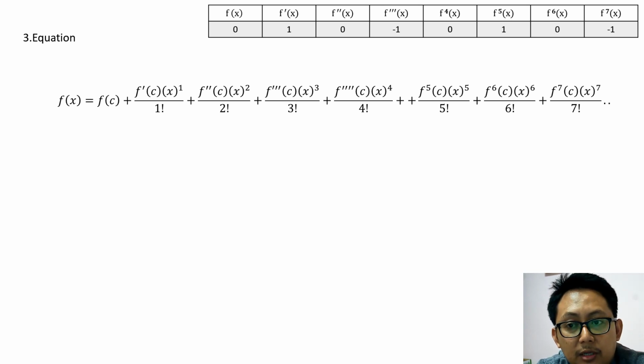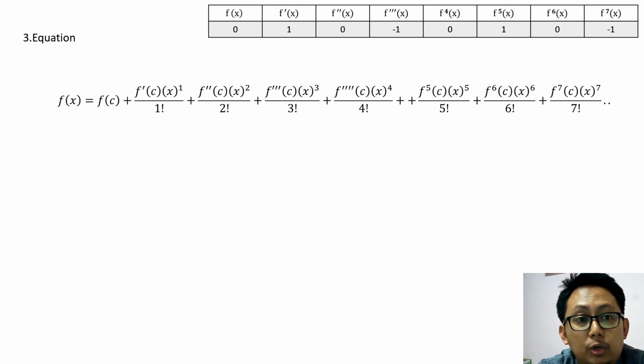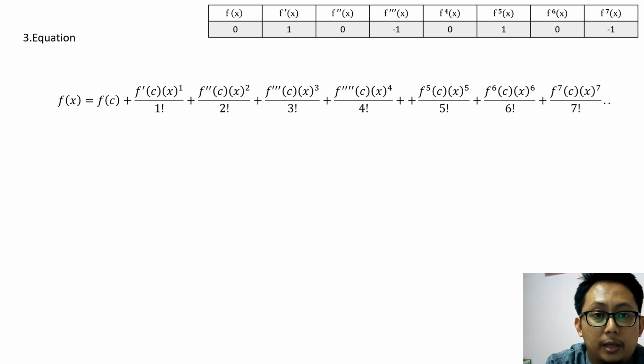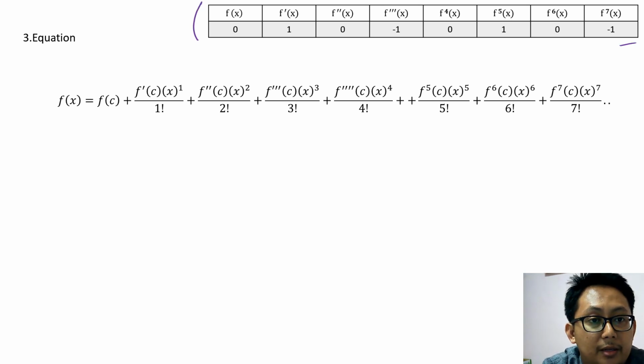After differentiation and putting in the values, now for the equation of the Maclaurin series, I made a table so you can easily see everything here. This series is already modified for Maclaurin, meaning it doesn't have x minus c, we have x only, because C is equal to 0.